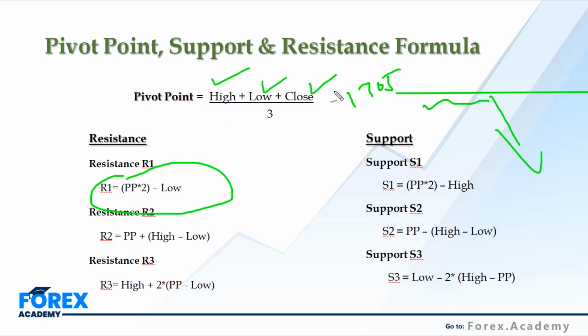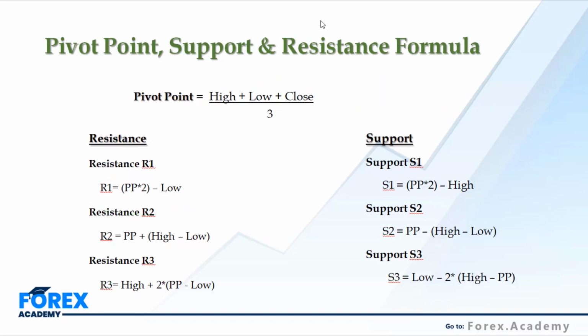You just have to update your sheet, and you will be getting the R1, R2, and R3 on the daily basis. You will have everything ready in front of you. So yeah, in order to calculate the resistance one, you need to multiply the pivot point by 2, and then subtract the low price from the previous day.